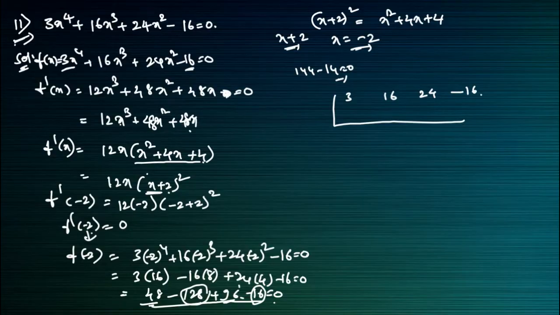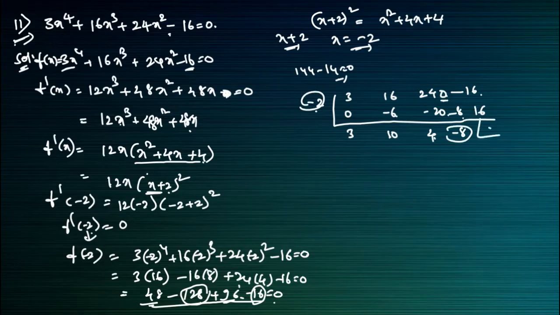There is no x term here, so the x term is 0, and minus 16 is the last one. Here we take minus 2: 3 times minus 2 is minus 6, then 10 times minus 2 is minus 20, then 4 times minus 2 is minus 8, so minus 8 will come, and minus 2 into minus 8 will become plus 16, which is equal to 0 here.